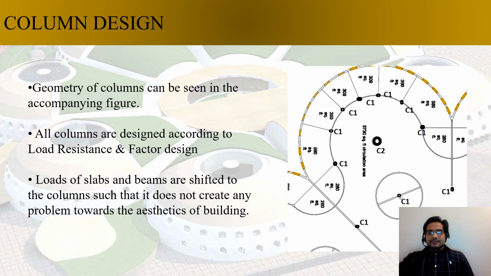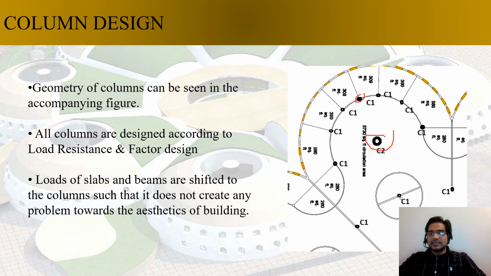And these columns, C1, C2, were again designed using the load resistance factor design, and the provision of these columns was determined using software and how the load is being distributed. I will show you the concept of the actual design that was done on the software ETABS for this building. And that's how the columns were put in these places.